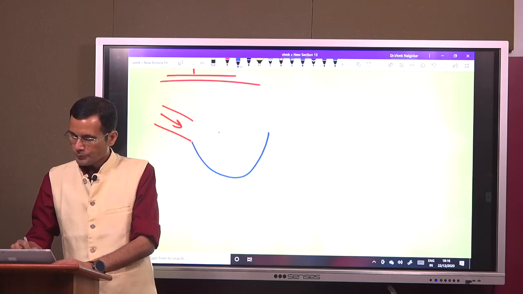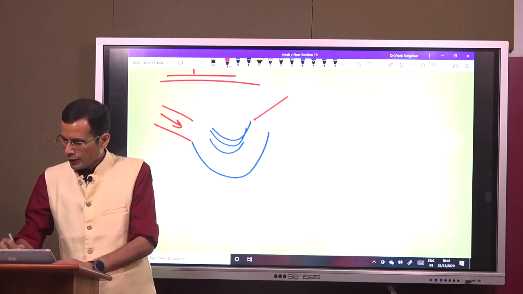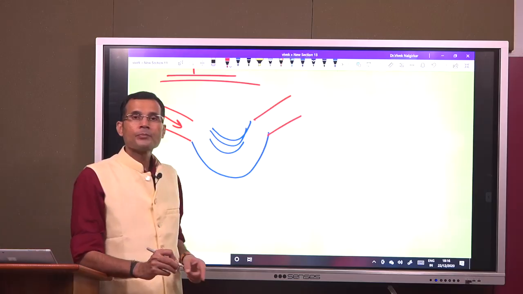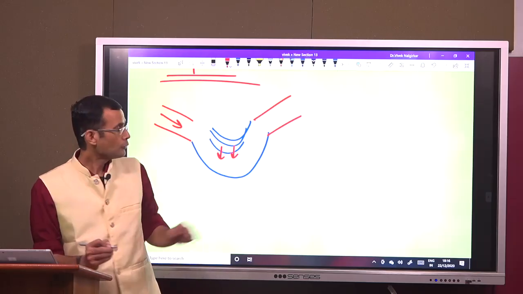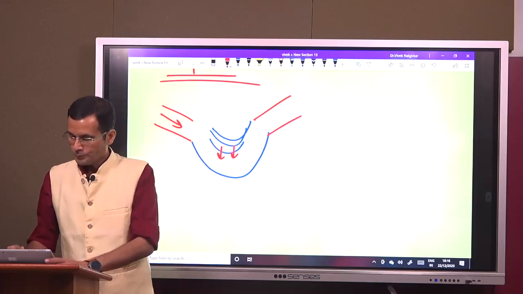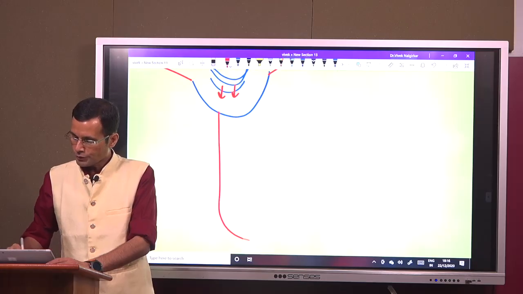The glomerulus is a tuft of capillaries. Here, there will be filtration of substances into the Bowman's capsule, and then they will start flowing down the tubules.